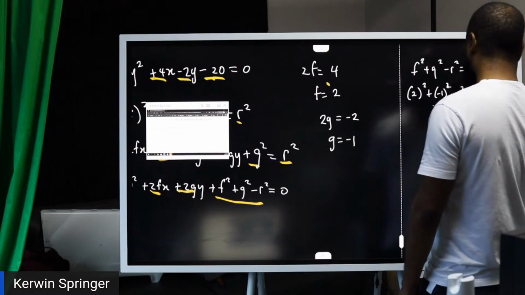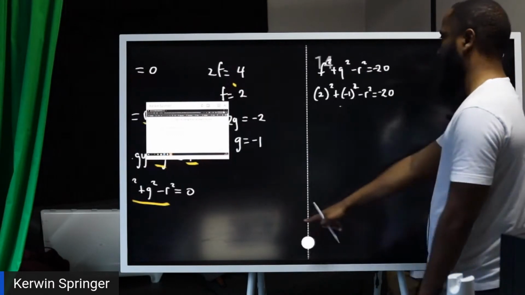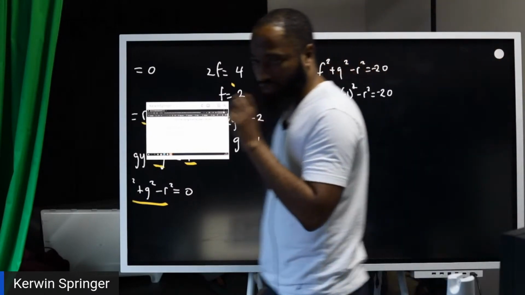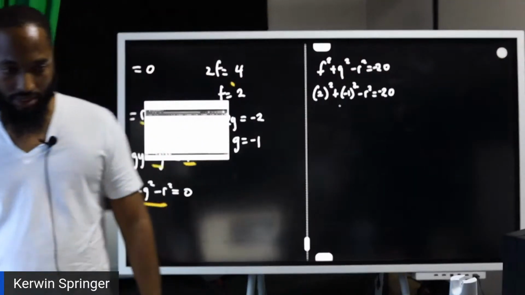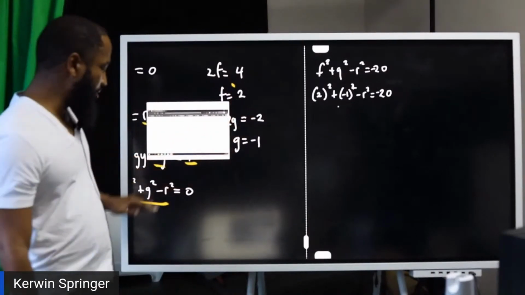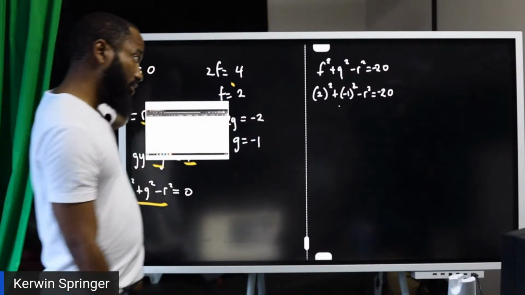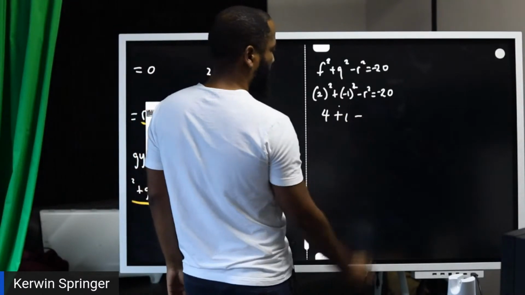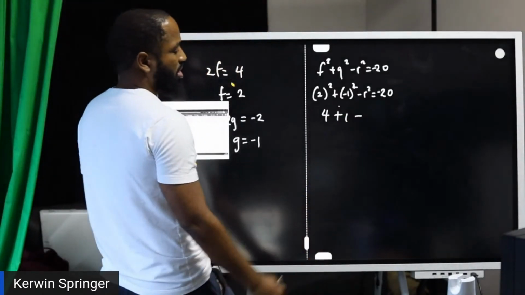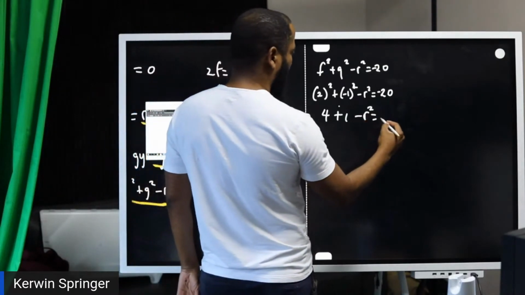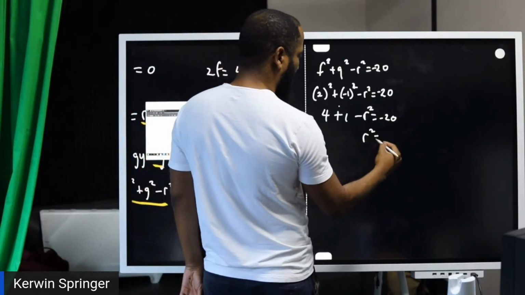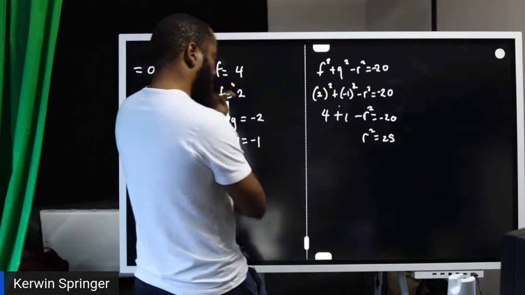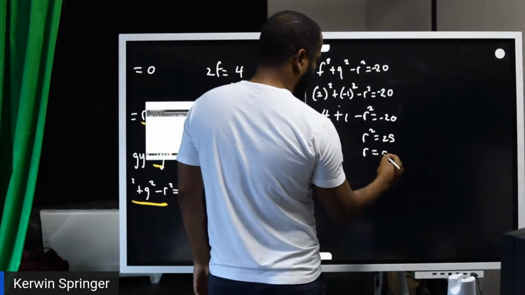You find f and g first, then plug them into this final part, which is equal to 20. So this is 4 plus 1 minus r squared equal to negative 20. In the end, you should get r squared is equal to 25, so r is equal to 5.